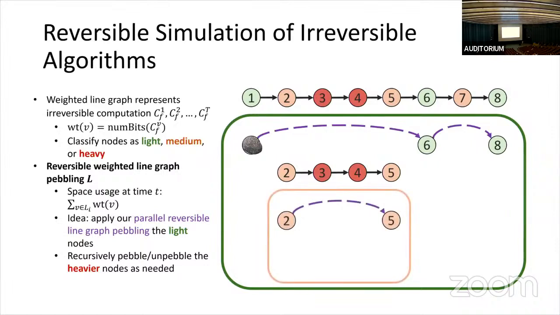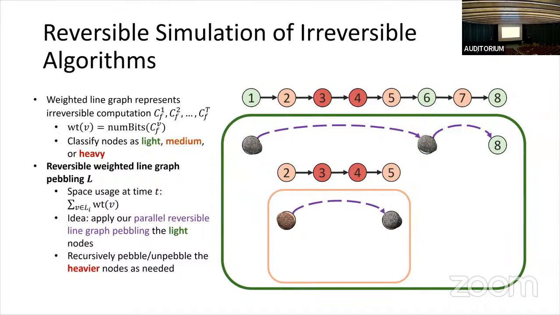Okay, again, we just want to pebble the lightest nodes that we can. So we place a pebble on node 2, but now there's another line graph in between. To place a pebble on node 5, we then have to pebble nodes 3 and 4, and pebble node 5. But nodes 3 and 4 are heavy, so we want to keep pebbles on them for as little time as possible. So we're going to go ahead and unpebble them. Okay, now we can pebble node 6.